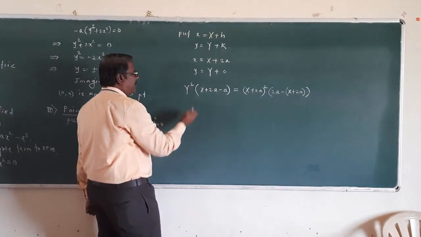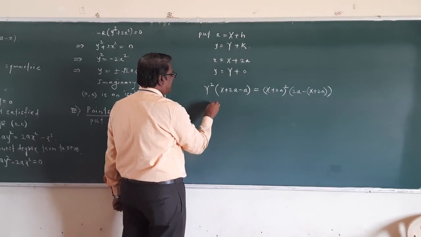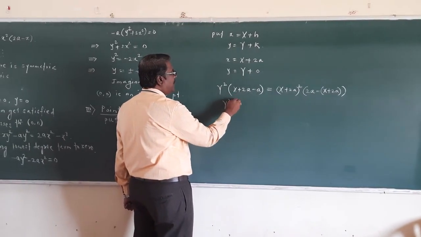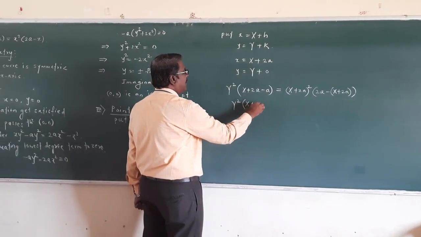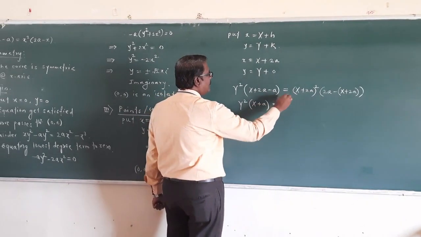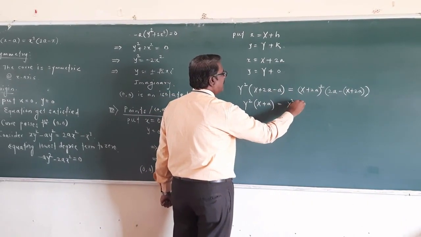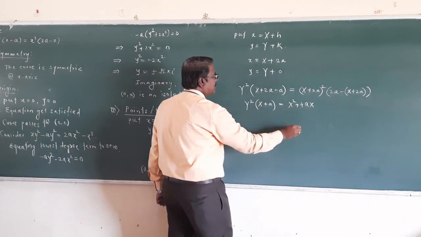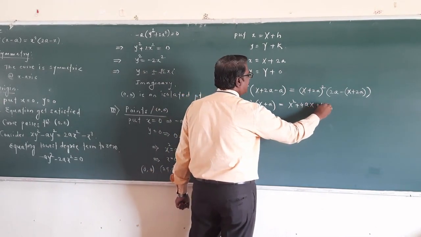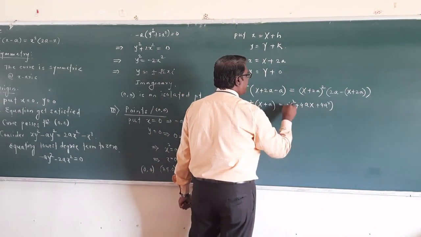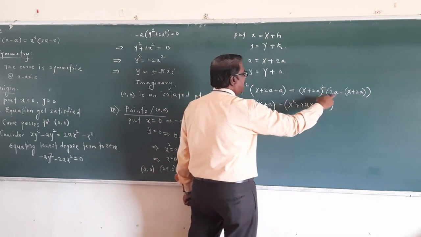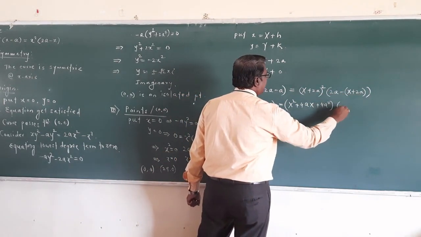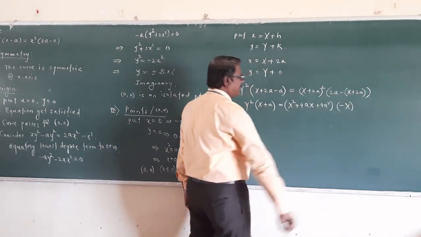Okay. Now if I simplify, y square into x plus a is equal to x square plus 4ax plus 4a square. So this is the first bracket, and in the second bracket 2a will get cancelled, so into minus x.